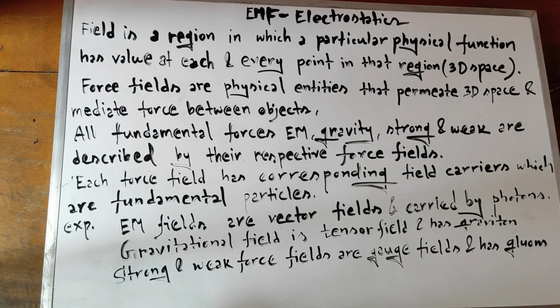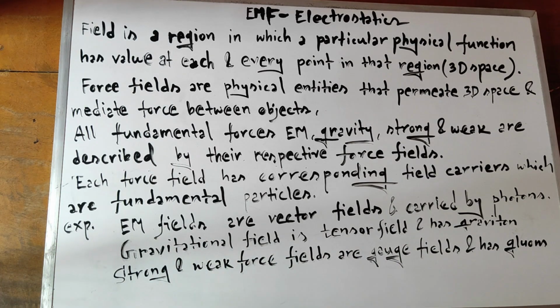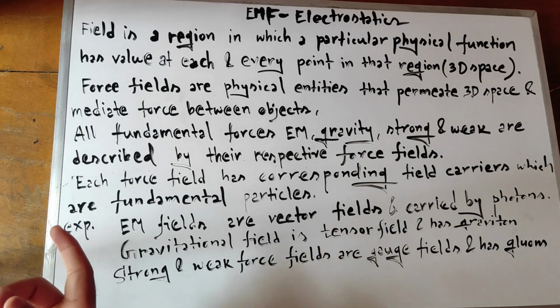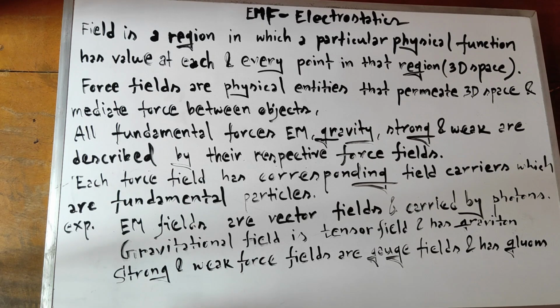Interestingly, the EM field has photons as force carriers, not electrons. But we detect the effect of electromagnetic fields via electrons, not photons. Electrons themselves exchange photons, and that is what we call the electromagnetic field effect.